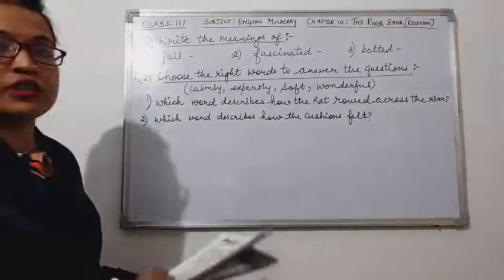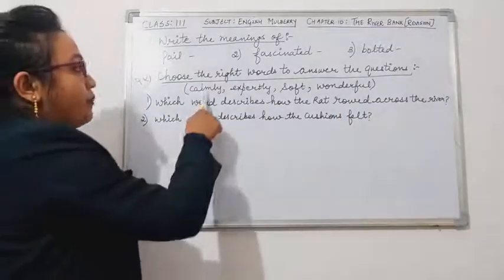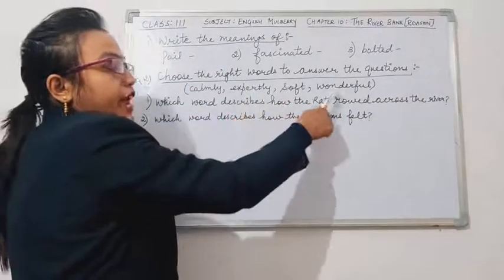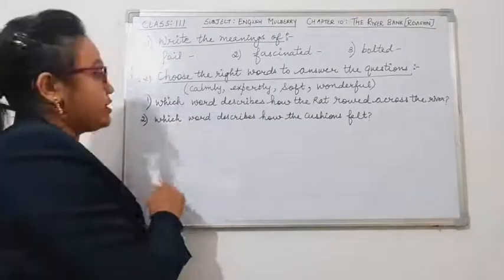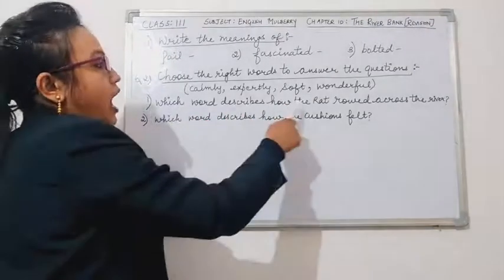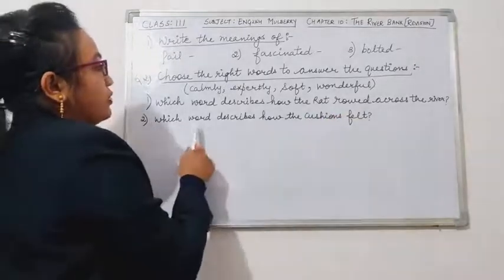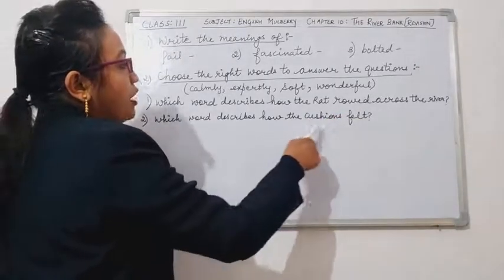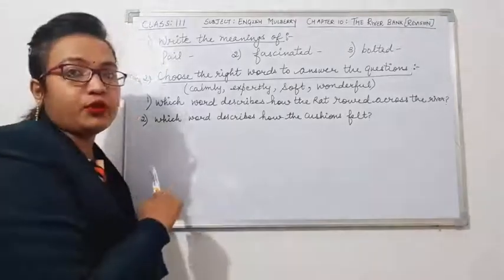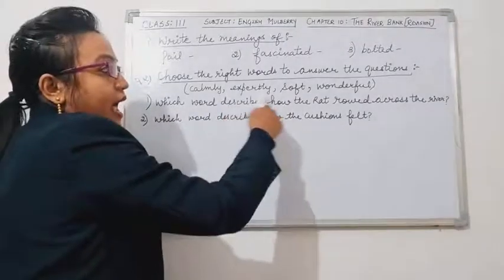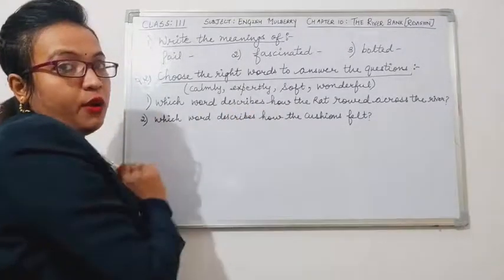These are the 2 questions. The options are calmly, expertly, soft and wonderful. You have to choose an appropriate answer from the given options.